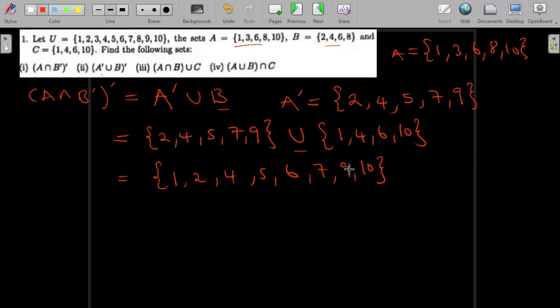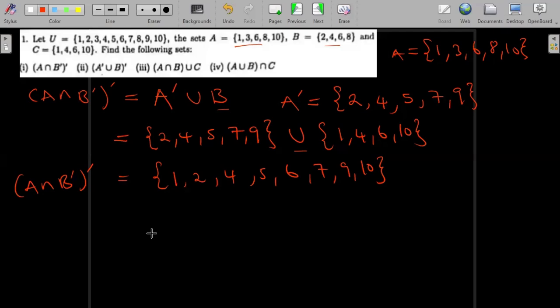So this is what falls into A complement union B. And this is the same as A intersect B complement with the complement outside. So this is our final answer.